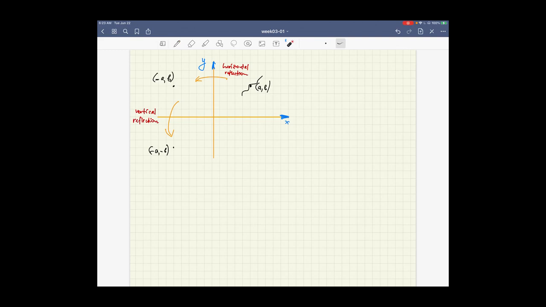Now compare the points a comma b and negative a comma negative b. Clearly they are reflections about the origin of each other. Why is that?